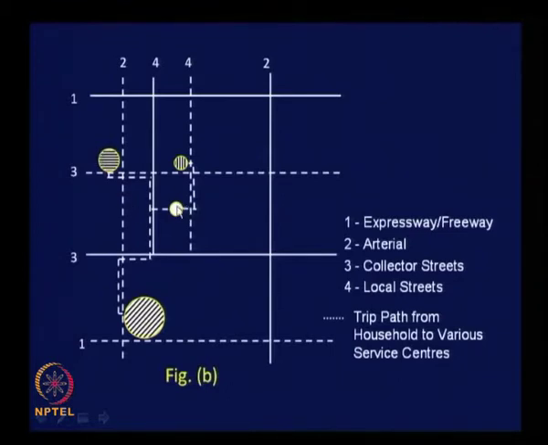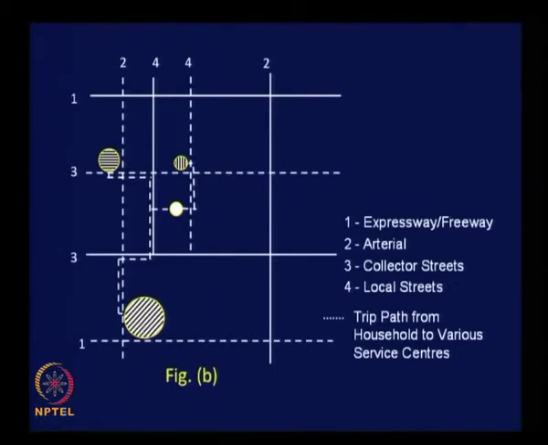Look at the path from household to the regional center. They take class 4 through route and then still there is a possibility of moving faster by taking class 3 through route, and then when they come closer to the regional center they get into class 2 access route and reach the regional center.